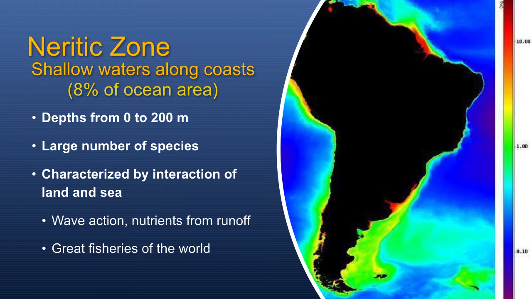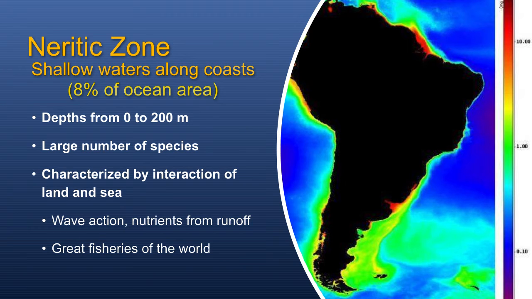Well, this is a minority of the world's ocean. We're only talking about 8% of the ocean area, and just by definition of being over those continental shelves, this water is mostly shallow. We're ranging in depth from about 0 to 200 meters.